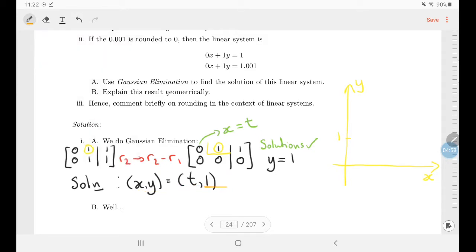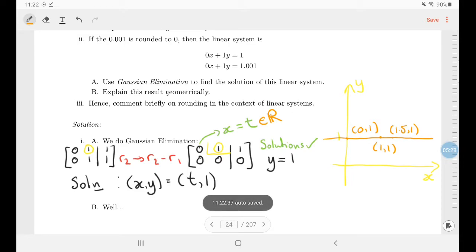All of the points have a y coordinate of 1. And then you've got all the possible x coordinates because every single value of t in the real numbers works. So what you end up with is, this is the solution. So for example, you have 0, 1, that's t equals 0. You have 1, 1. You have 1.5, 1. So you have every possible value in the x coordinate from minus infinity to infinity, that's the real numbers, but all the y coordinates are 1.